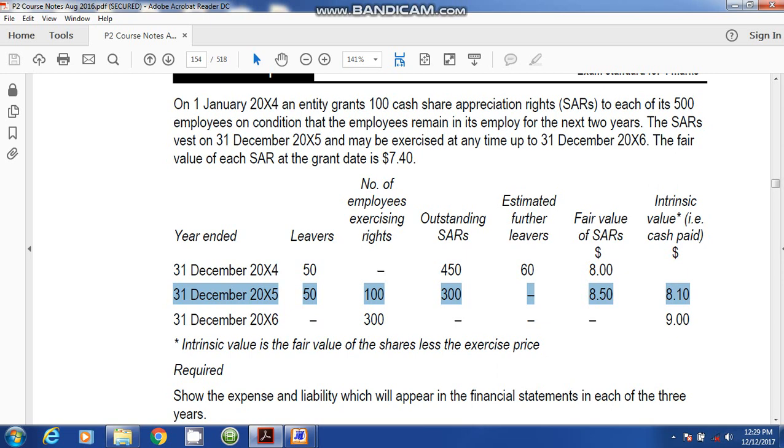So like before we compute the closing balance. Now since there were employees who exercised their rights, we need to pay out cash.